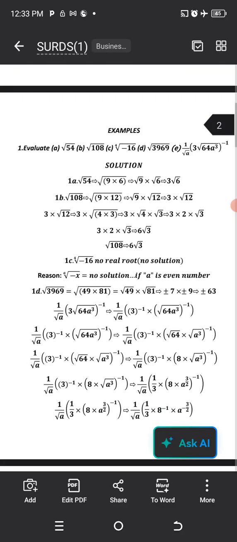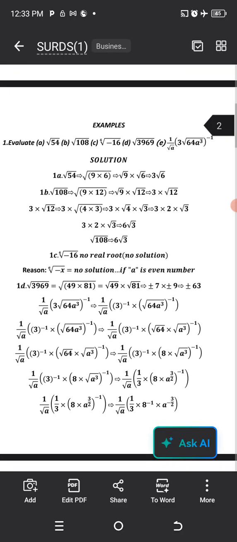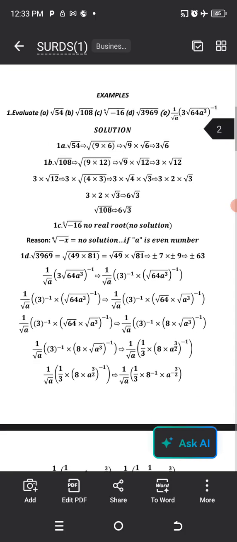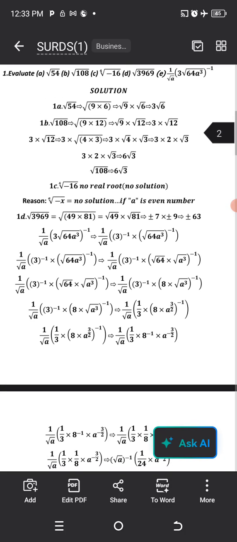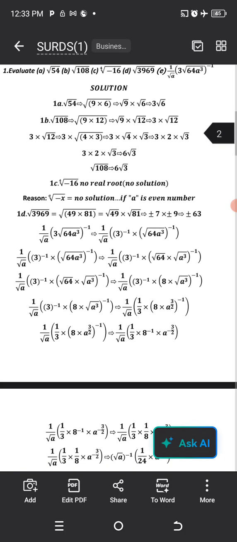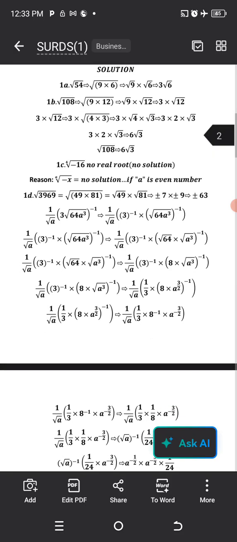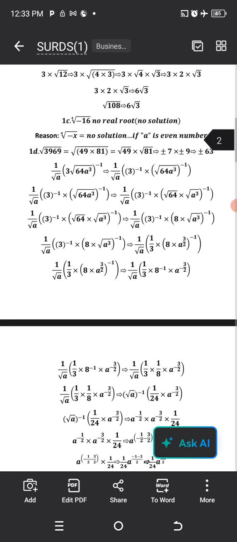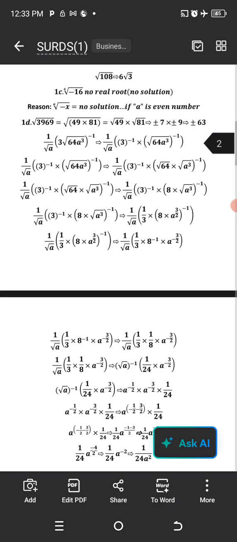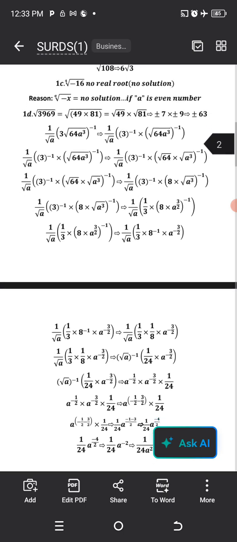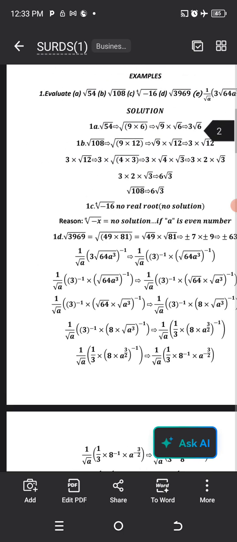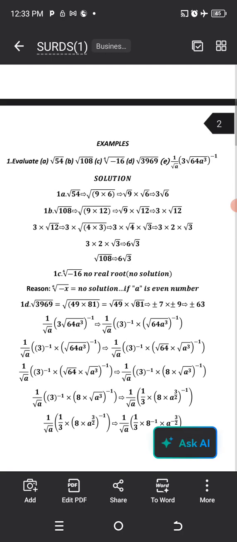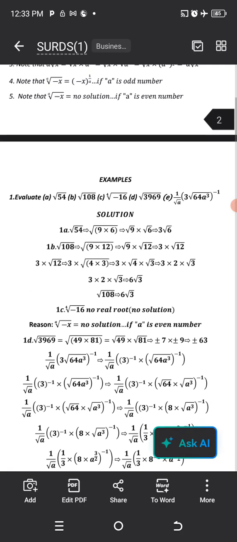I may not explain it, but I made my solution stepwise. I believe you are going to decode and understand the steps I used in solving this example. But let me go to the first example, which is the square root of 54.